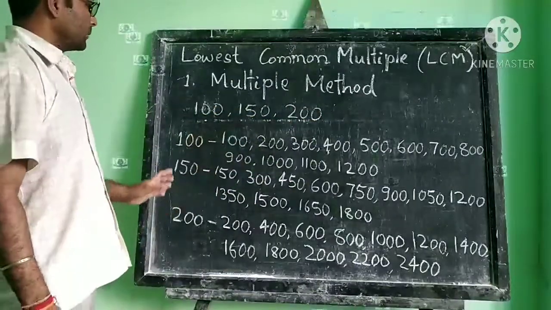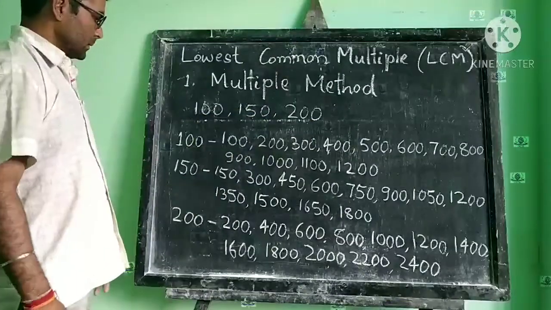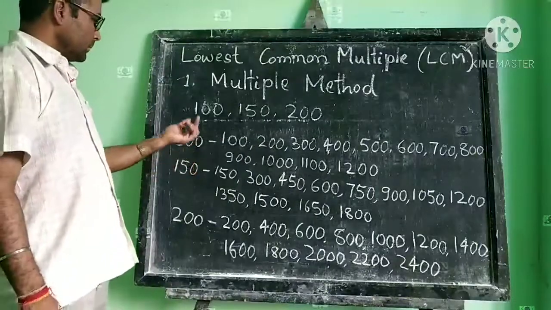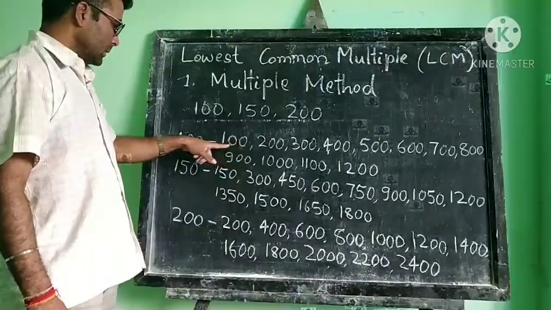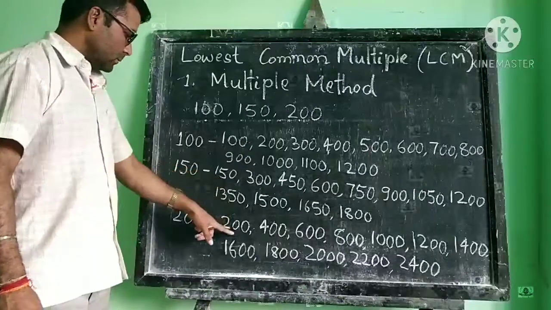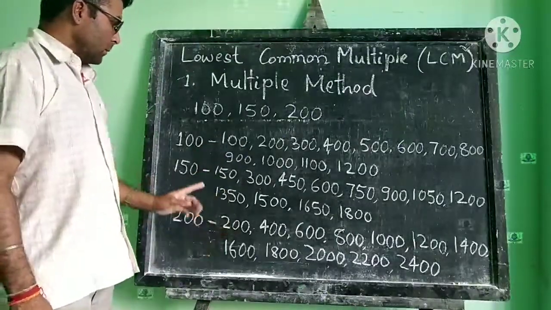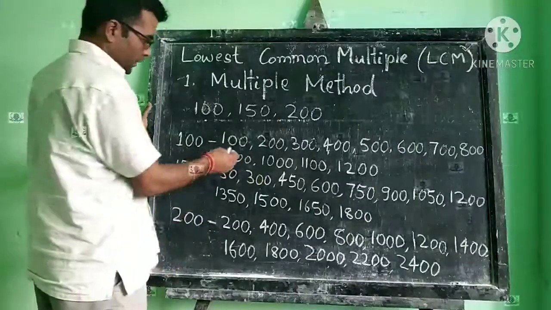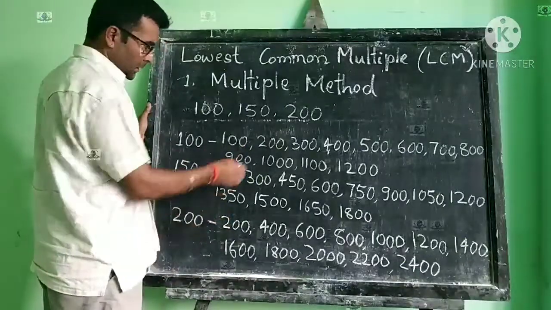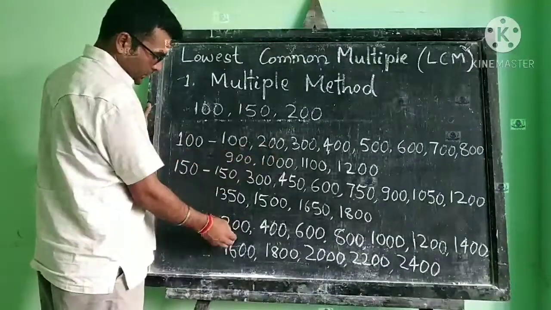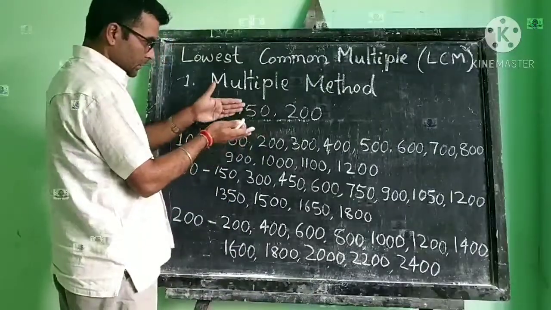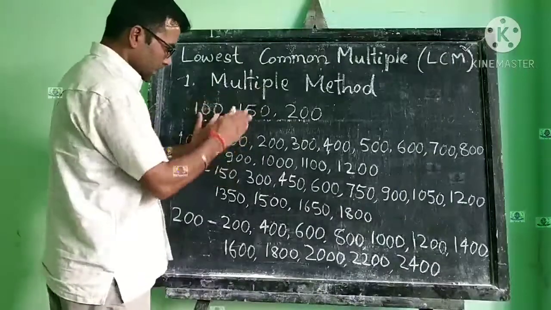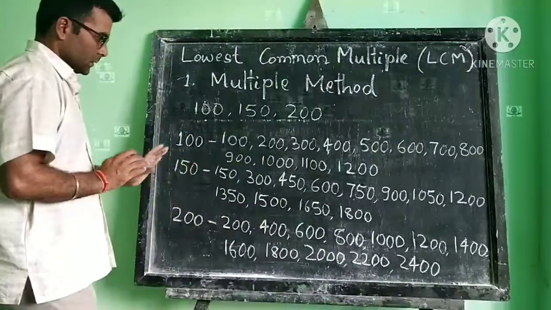From here we have to find the common multiples first. Common multiple means the multiple that is in all the numbers. We need to find the same number in all three lists.